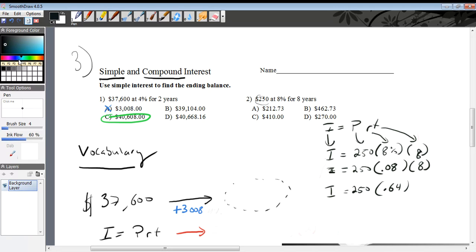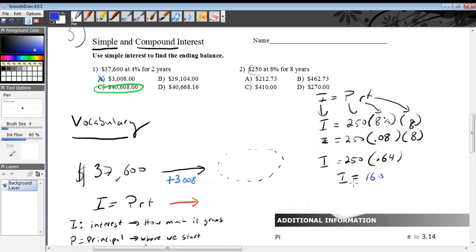So the interest is going to be 160. But we need to add it to our principal where we started, because what we're doing is we have $250 and it grows by some amount.